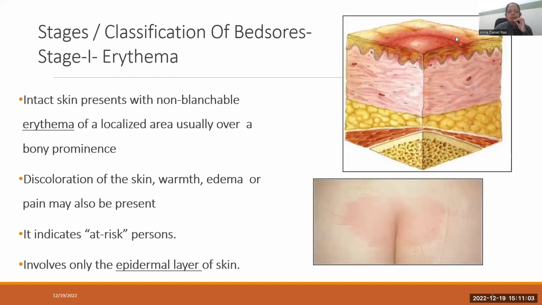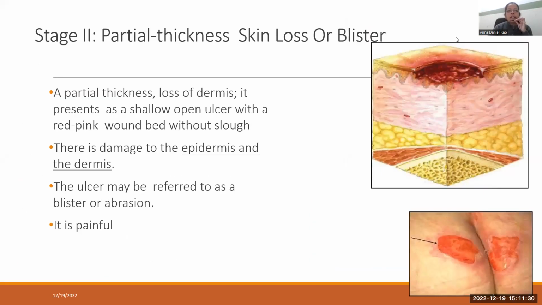Edema also may be present, and pain also may be there. That will indicate an at-risk person. Whenever we find such a person, there should always be an alarm ringing in our minds, and an action plan should immediately be in place. So that will involve only the epidermal layer of skin.